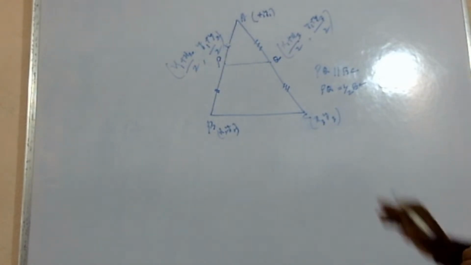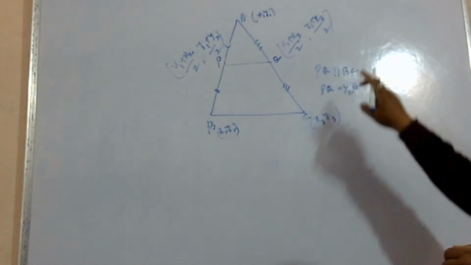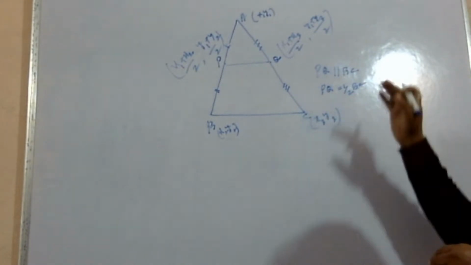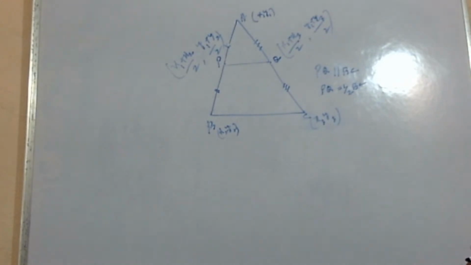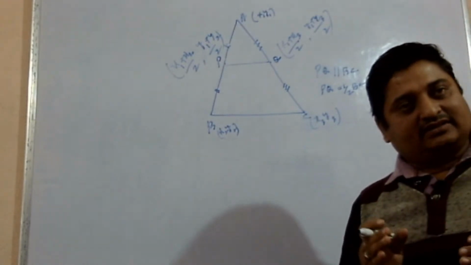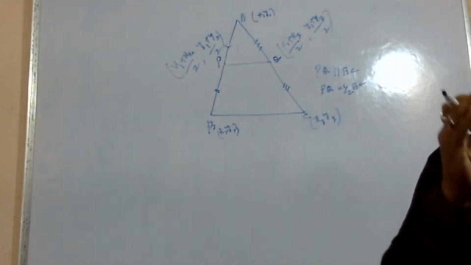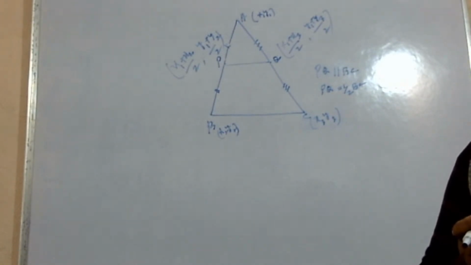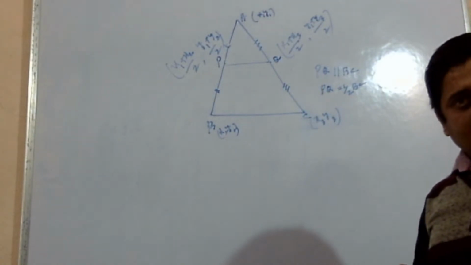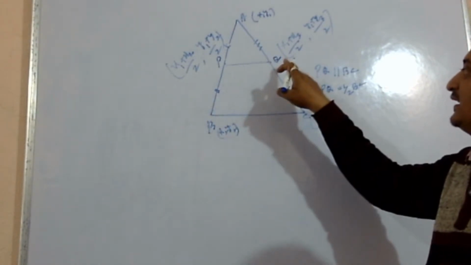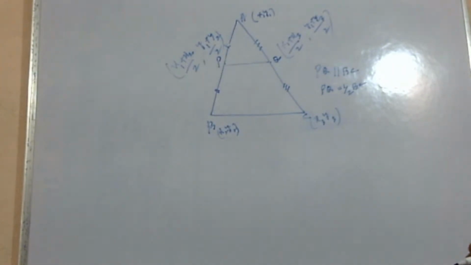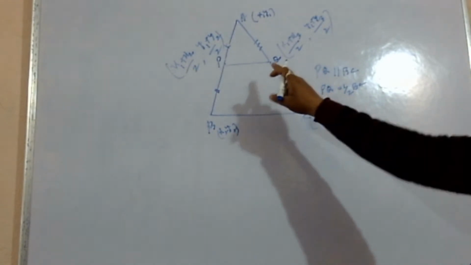Then we have to prove PQ parallel to BC. PQ is a line segment and BC is also a line segment. Previously we have known that if two lines are parallel, then their slopes are equal. Yes or no? Okay. Now see, PQ is a line segment. P point is given, Q point is also given. In a line segment, if two points are given, then we can find the slope.